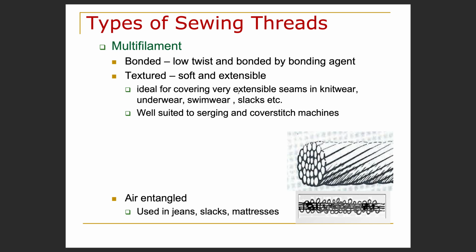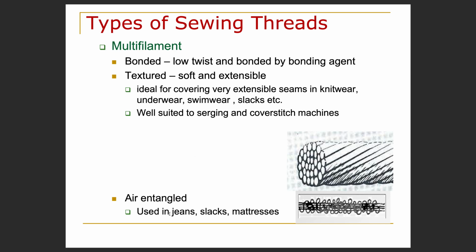It is ideal for covering very extensible seams in knitwear, underwear, swimwear, slacks, etc. And it is well suited to serging and cover stitch machines. Serging and cover stitch, which we discussed earlier, is an example of class 500 stitch, which is basically used to cover the edges of the fabric.